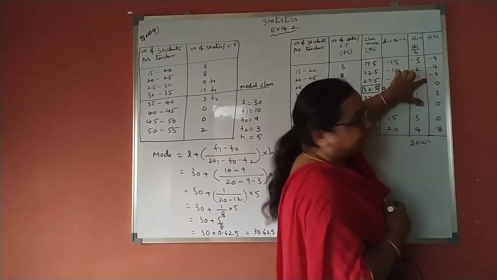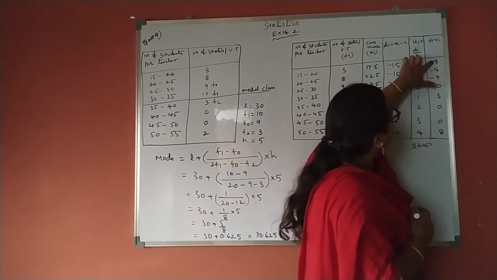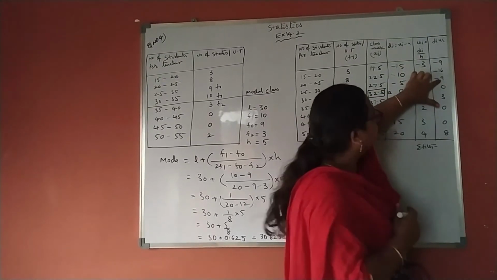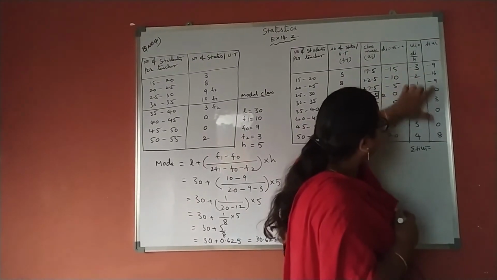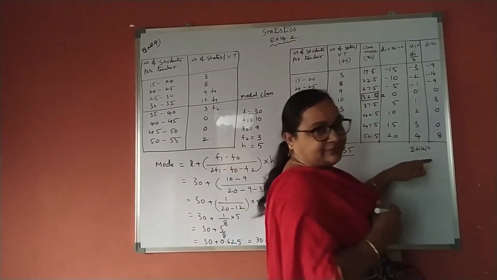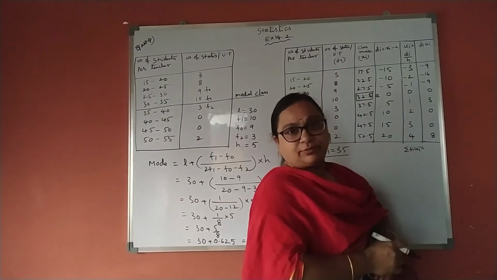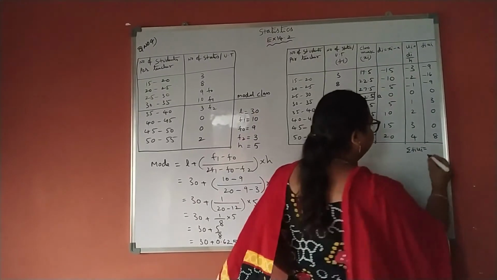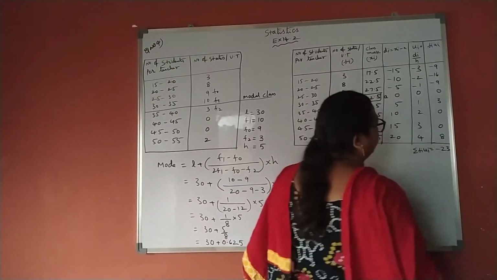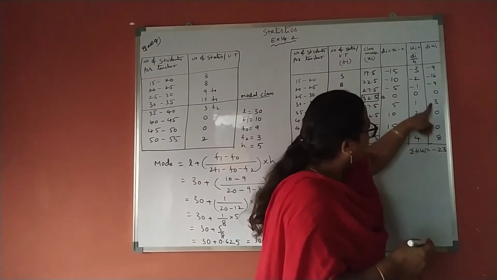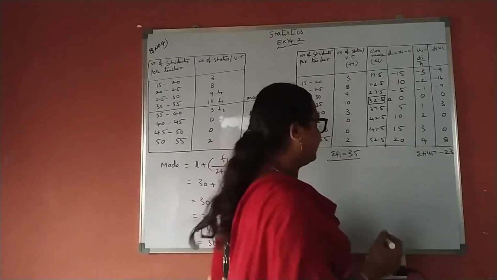So we will add these three observations. 16 plus 9, 25 plus 9, 34. Minus 34, 3 plus 8, 11. Minus 34, here plus 11. So minus 23.